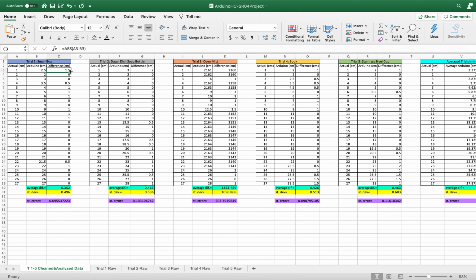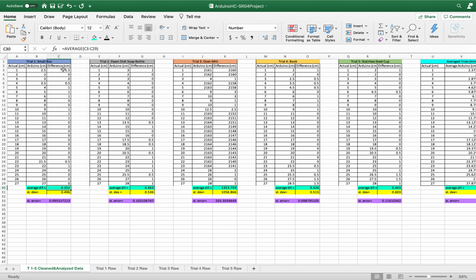And then of course I just took my little crosshair and dragged that down, and it gave me the answers for each individual measurement. And then I did that for all 5 trials with the different material or the different item, and then I took the average of the differences.